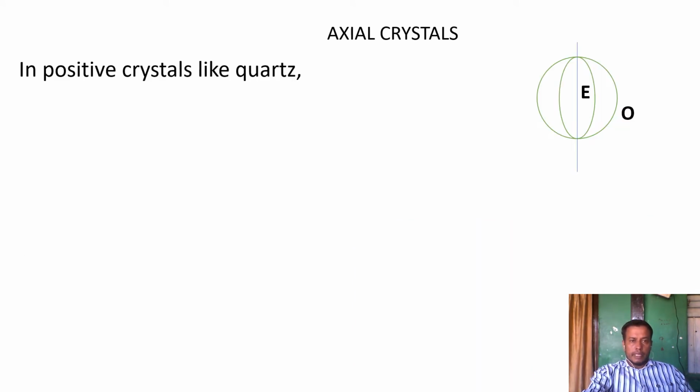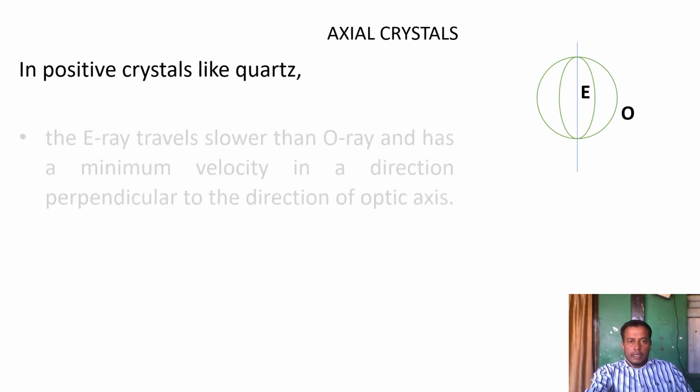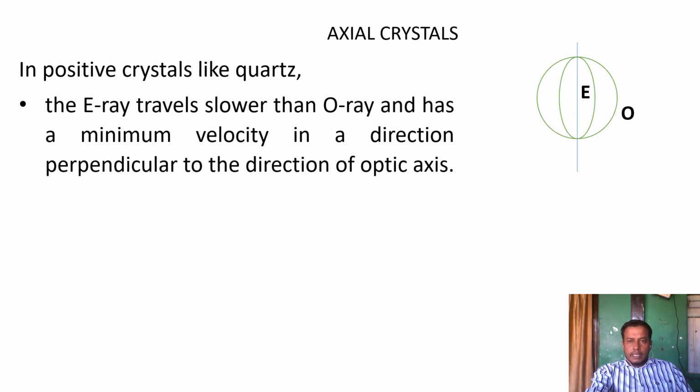In positive crystals, for example quartz, what happens to the velocity of the extraordinary and ordinary rays? In this picture, we see the extraordinary ray lies inside the sphere of the ordinary ray. Here the extraordinary ray travels more slowly than the ordinary ray.